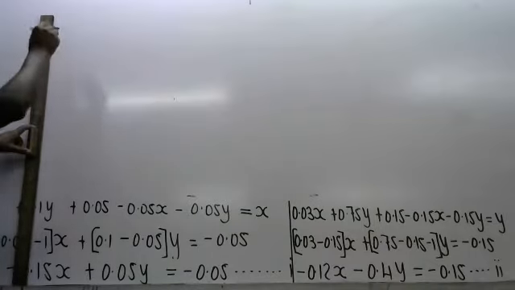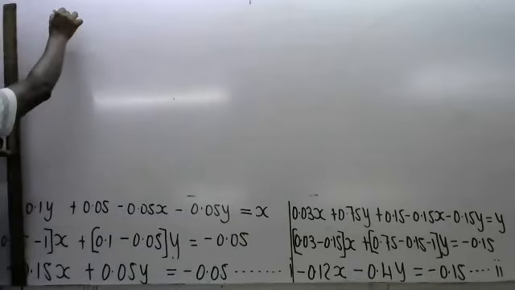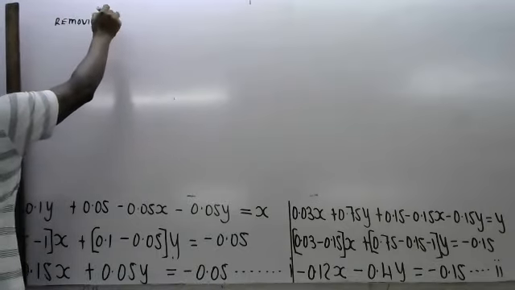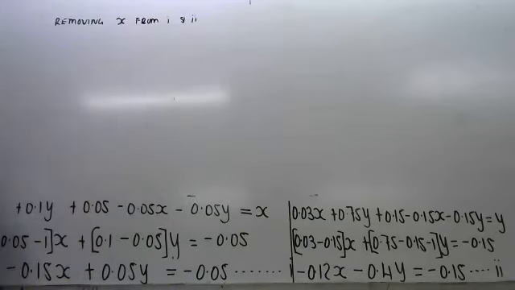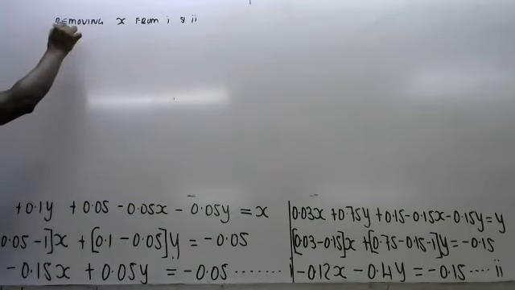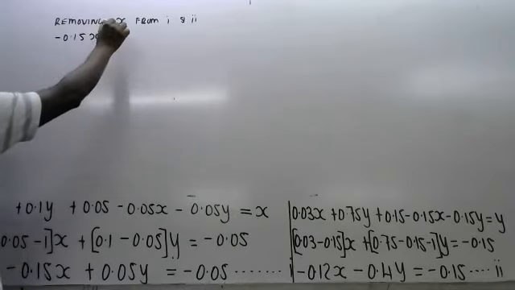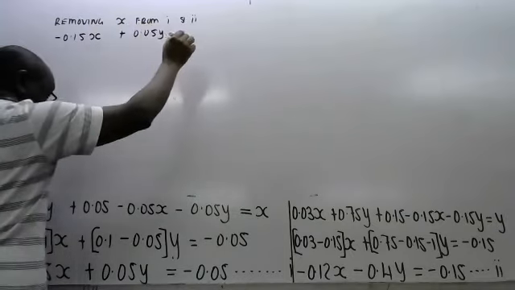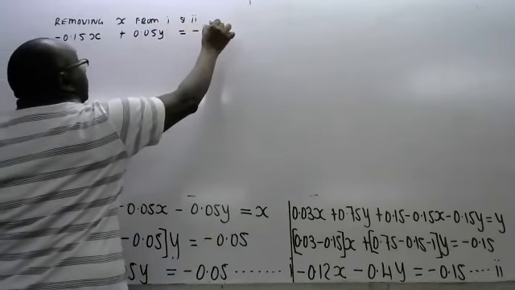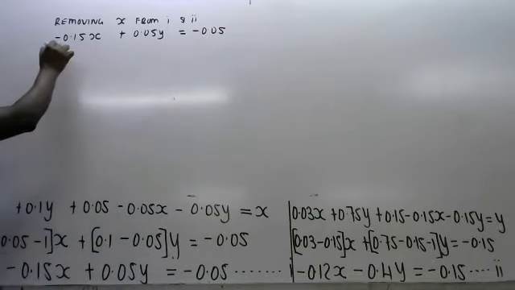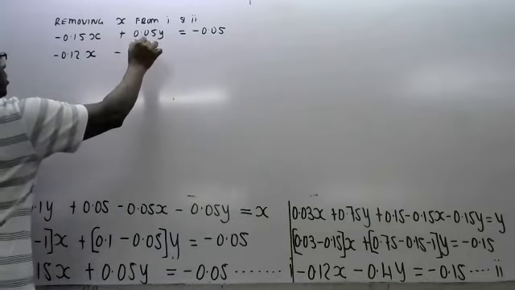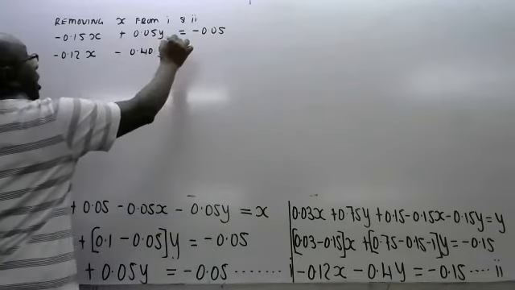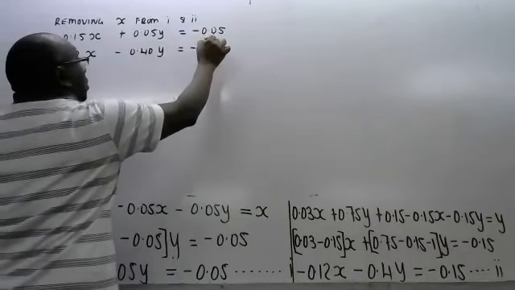So now, removing x from 1 and 2. So we are going to have minus 0.15x plus 0.05y is equal to minus 0.05, then minus 0.12x minus 0.40y equals minus 0.15.